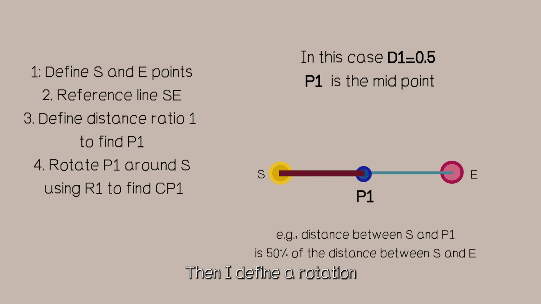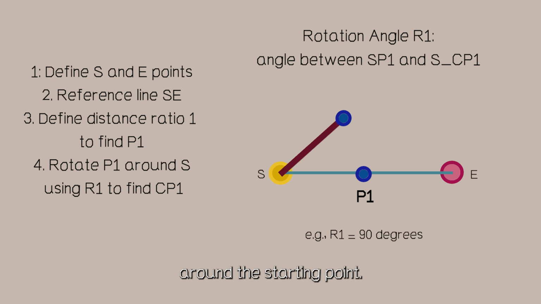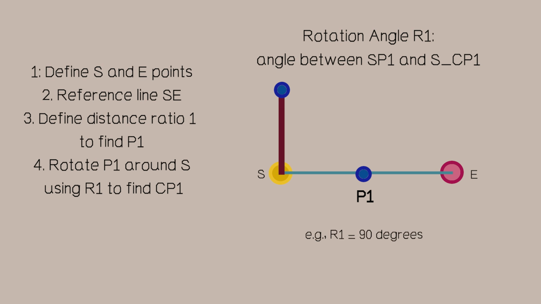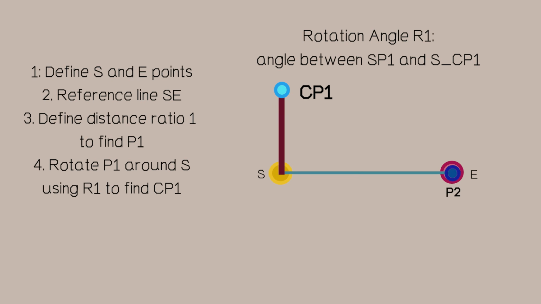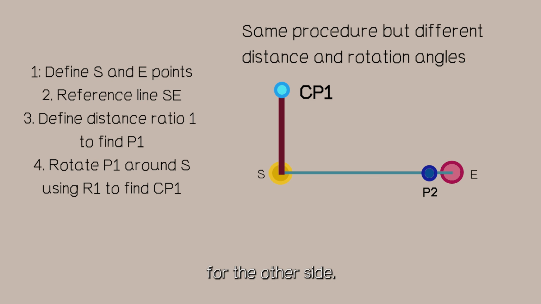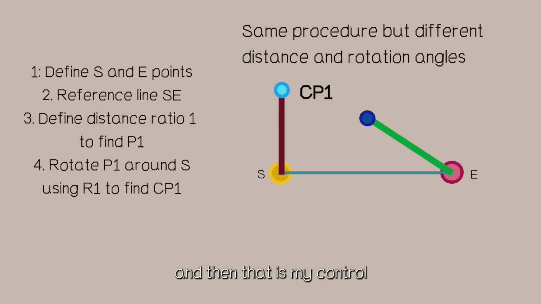Then, I define a rotation angle R1, and rotate the point around the starting point. This point is my control point 1. I repeat this step for the other side, using rotation angle 2 to rotate the reference point 2 around E, and then that is my control point 2.